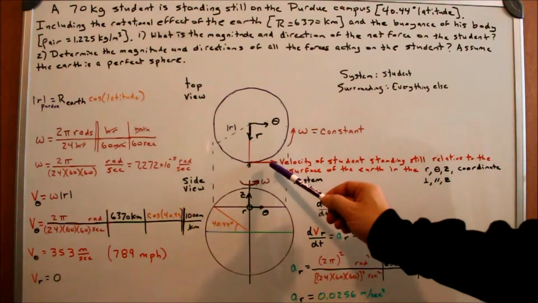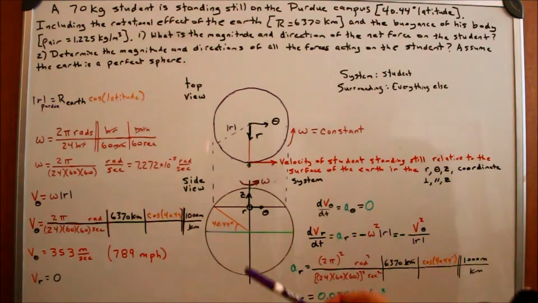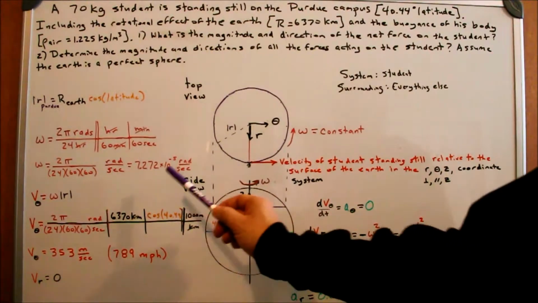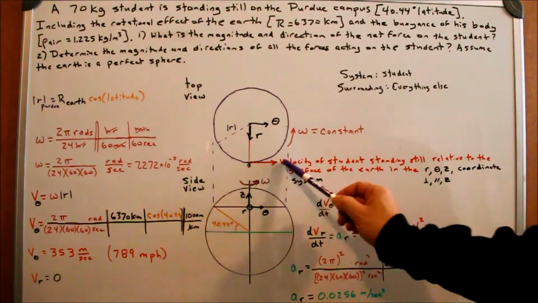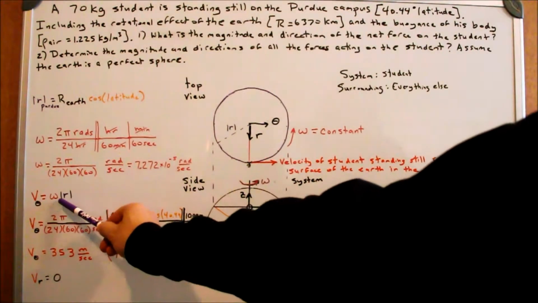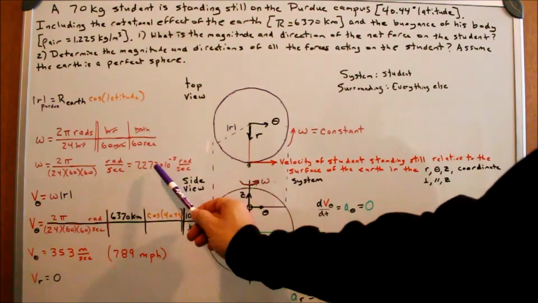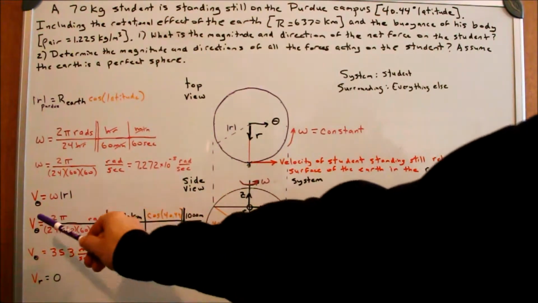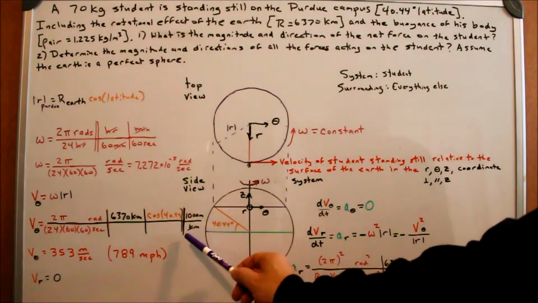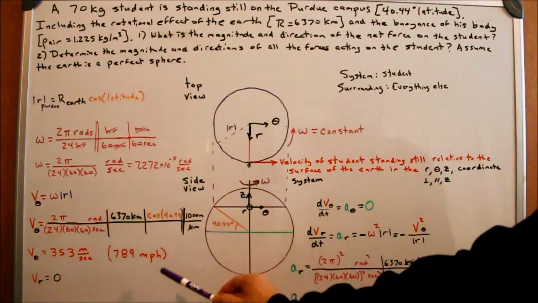From omega, the angular frequency, I can get my velocity in the theta direction. The velocity is just omega times r. Here's omega. I won't use this rounded number, I'll use the true numbers here. Do the math, and do the unit conversion from kilometers to meters.